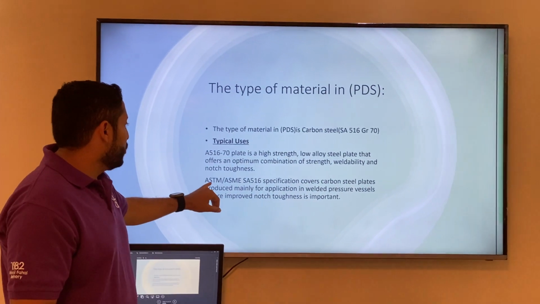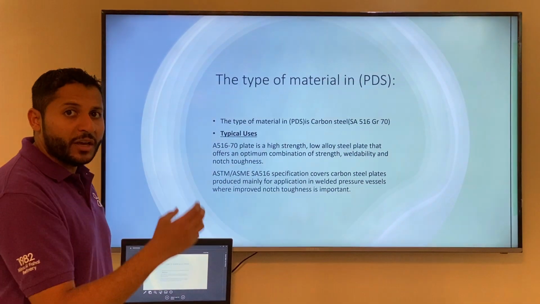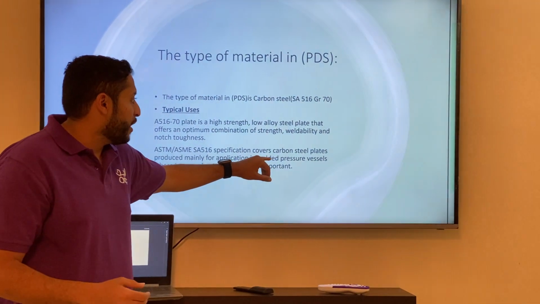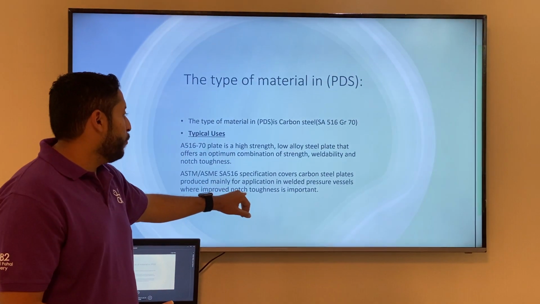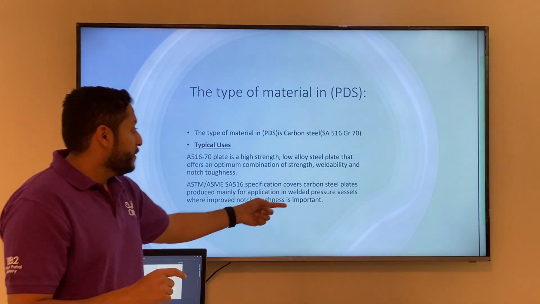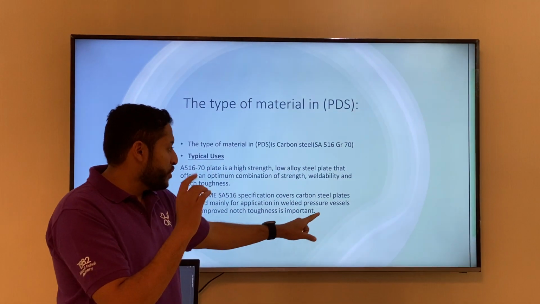Here ASTM is also mentioned. This is the shortcut of the American code. It is the specification for carbon steel plate produced mainly for application in welded pressure vessels. We need to pay attention to this phrase, welded pressure vessel.